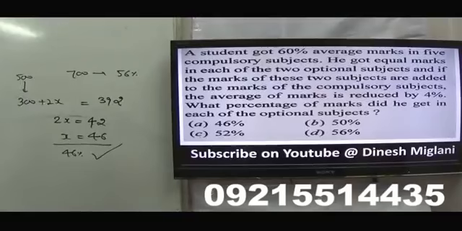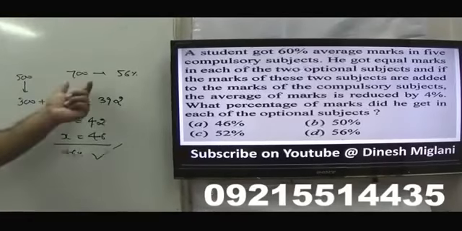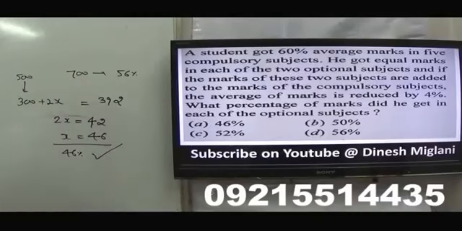So let us say in 5 subjects total are 500 and he got 60%, it means 300. Now 2 more subjects are there, and he got equal marks, it means x and x, 2x. Now total marks are 700 and his percentage decreased by 4%, that means 392. Just compare it and find out x. Your answer is option A, 46%.